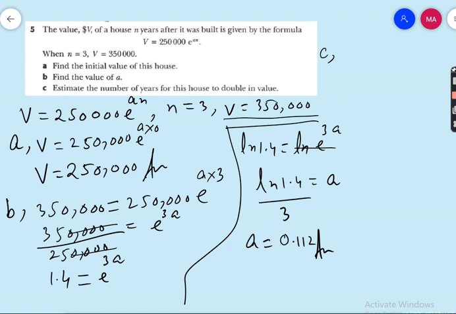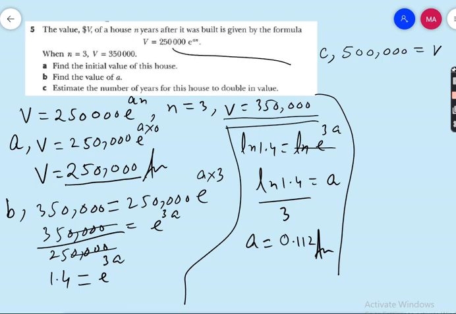Estimate the number of years for this house to double the value. What was the initial value in part A? Initial value you can see 250,000. So double means 250,000 multiplied by 2, it means 500,000. Okay, this is the value of V. Now our equation: 500,000 equals 250,000 e power an.